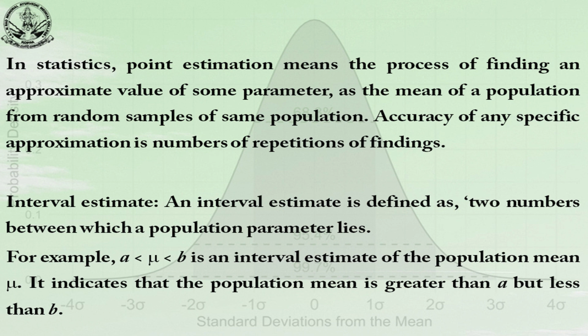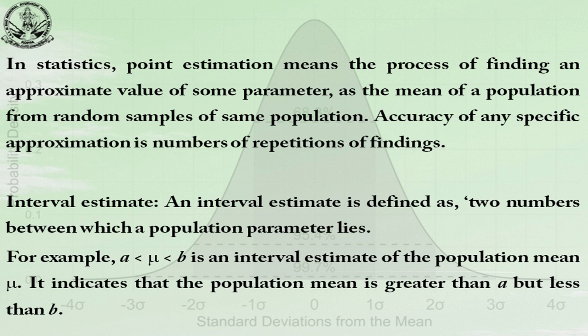In statistics, point estimation means the process of finding an approximate value of some parameter, such as the mean of the population, from random samples of the same population. The accuracy of any specific approximation depends on the number of repetitions of finding. Then we have the interval estimate. An interval estimate can be defined as two numbers between which a population parameter lies.